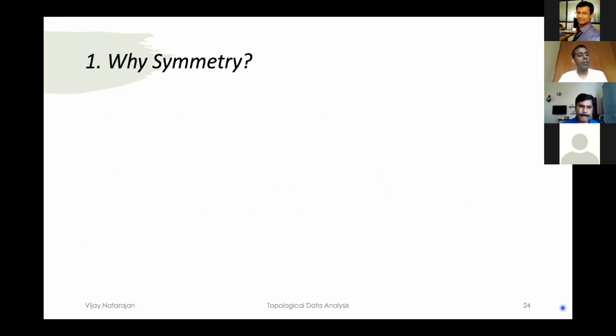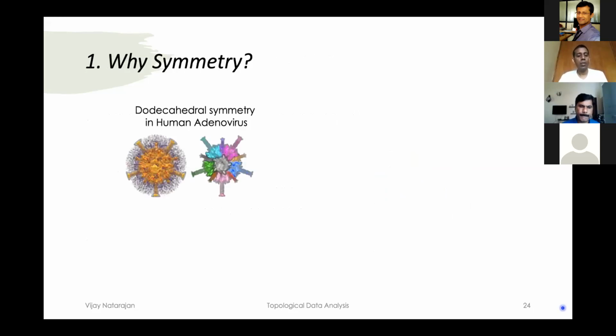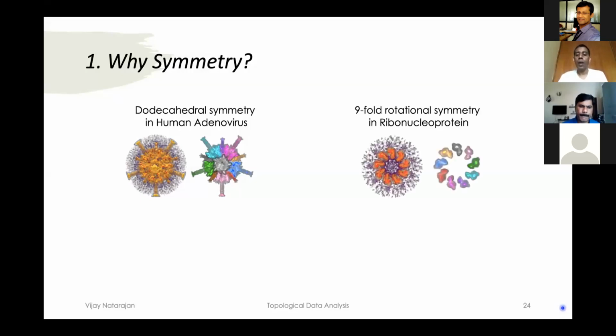And why are we interested in symmetry at all? Because symmetry appears in nature in many ways. For example, in virus structures, we see symmetry all the time. Here is a particular virus called the human adenovirus that displays 20-fold symmetry. Here is a protein which displays rotational symmetry.